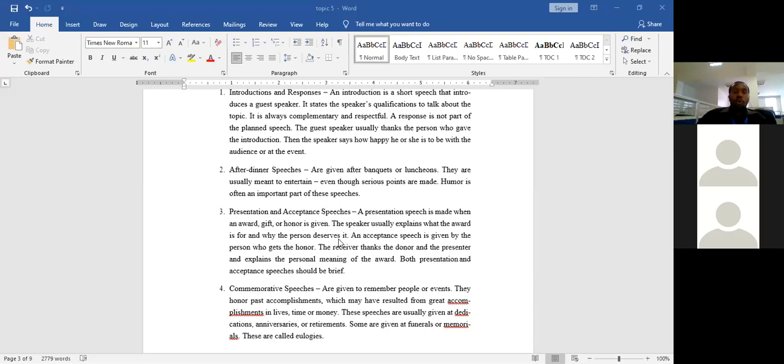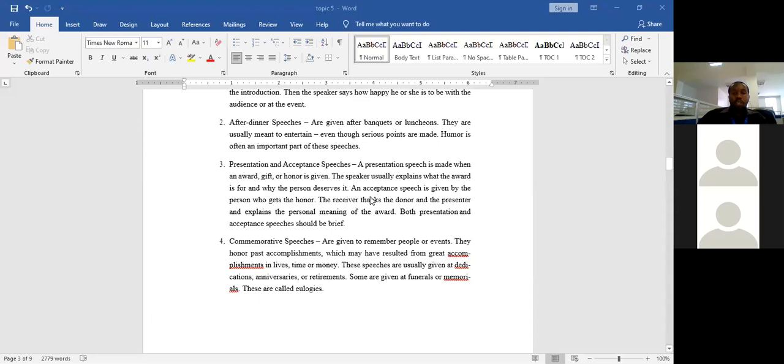Then we have what we call commemorative speeches. Commemorative speeches are given to remember people or events. They honor past accomplishment. Sijui kama hii inafanyika. You just go somewhere to commemorate something. Like you can decide as a family to go home and remember some people.